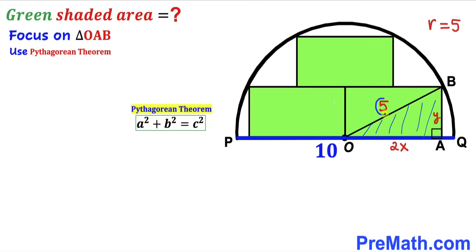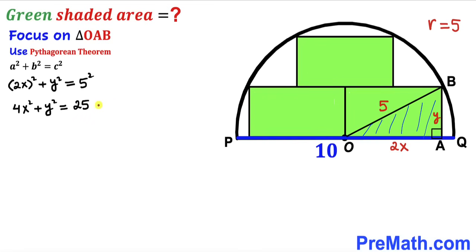Our hypotenuse is 5, and the two legs are 2x and y. So (2x) squared plus y squared equals 5 squared. I'm going to label this equation number 1.